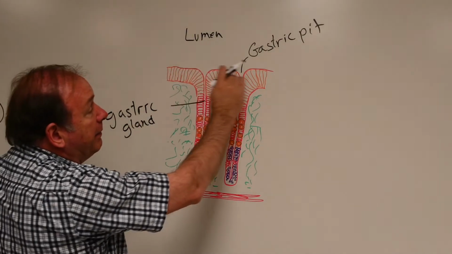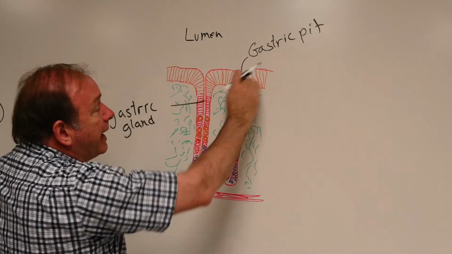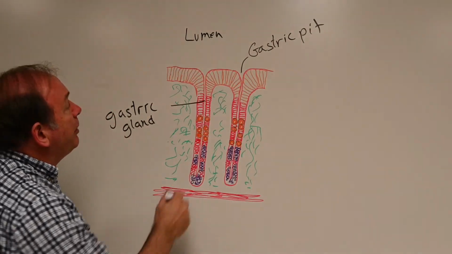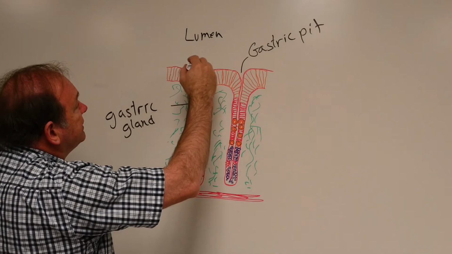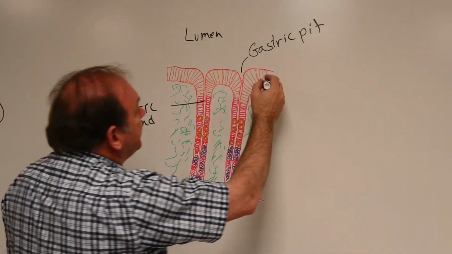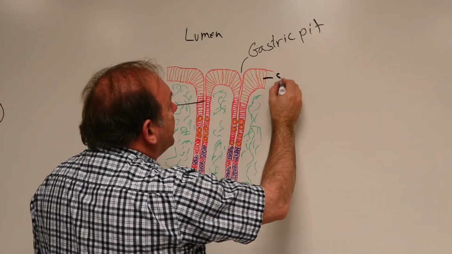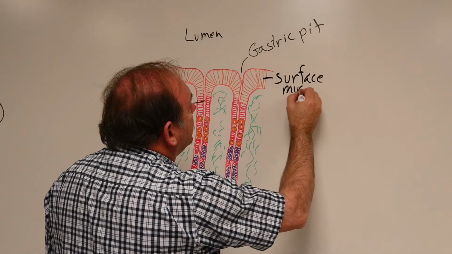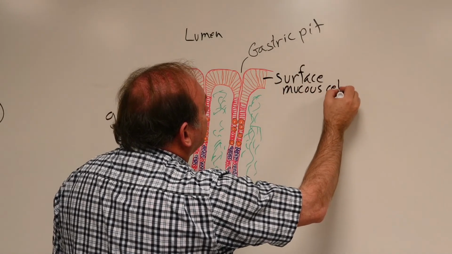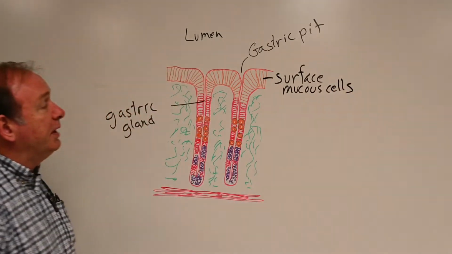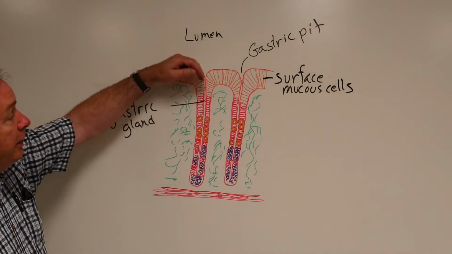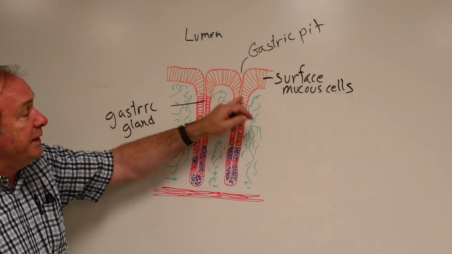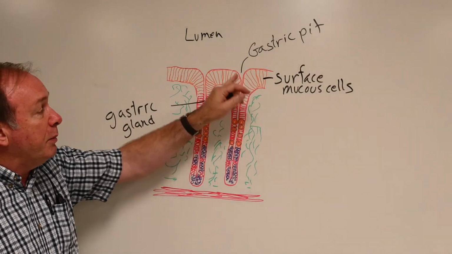The epithelium that lies against the lumen or the cavity of the stomach up here at the top, these cells are referred to as surface mucous cells. We get down into the gland a little bit and we don't see the same kind of appearance to that mucous cell.